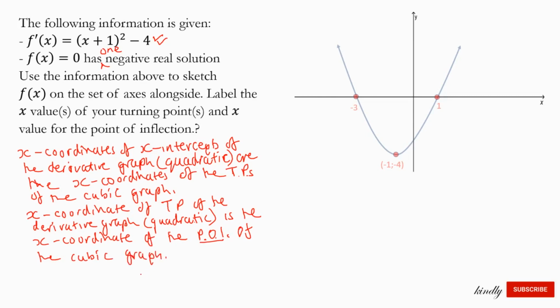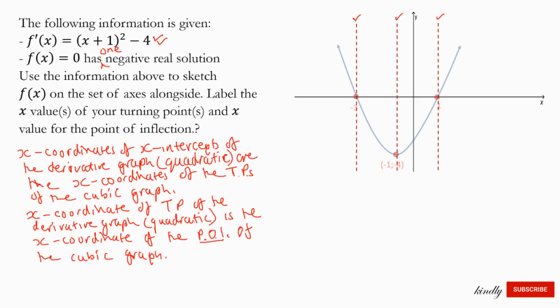Remember those. So now we have our x-coordinates of the x-intercepts, which are x equal to −3 or x equal to 1, and then the turning point. So in these three lines, here we have a turning point, here we have the point of inflection, here we have a turning point.